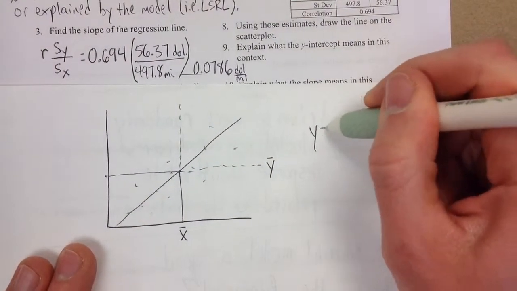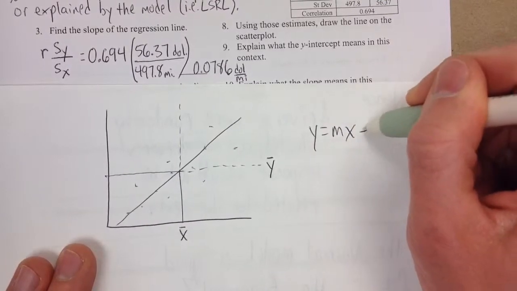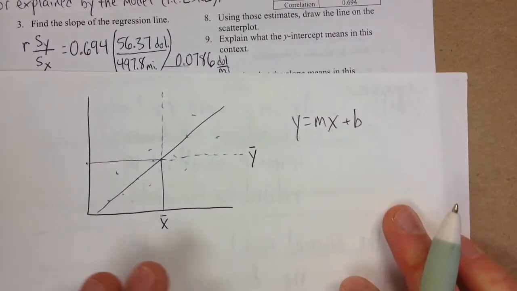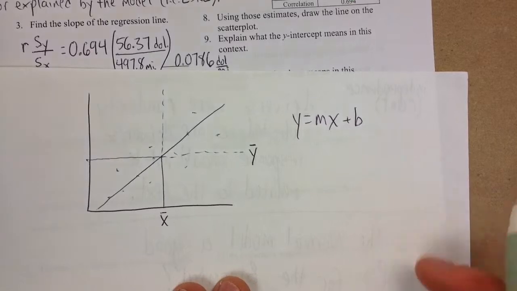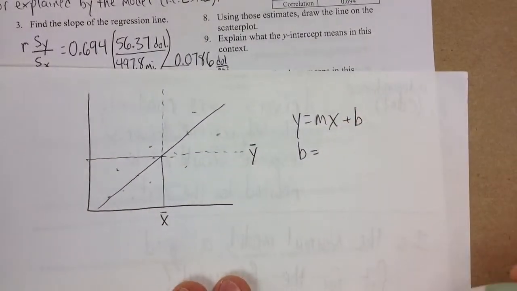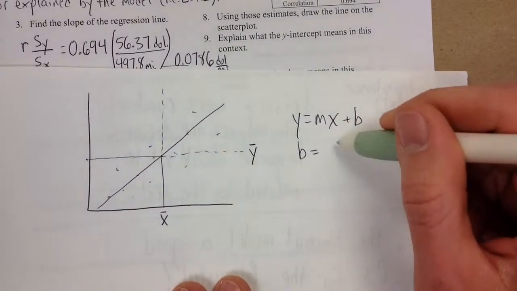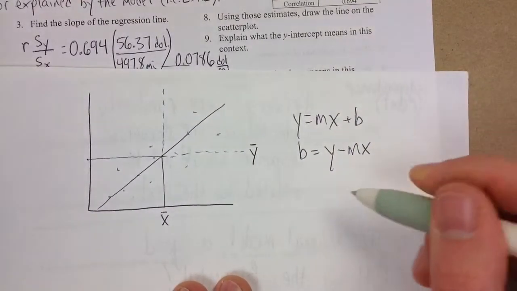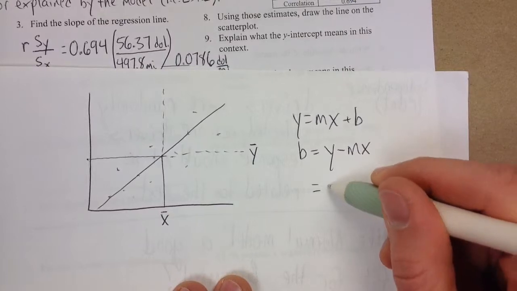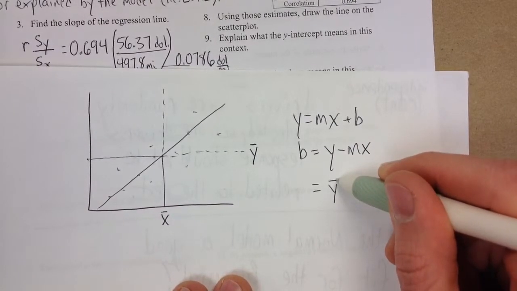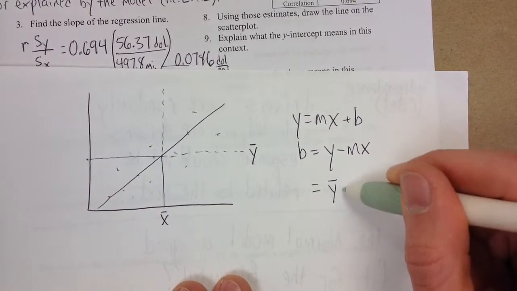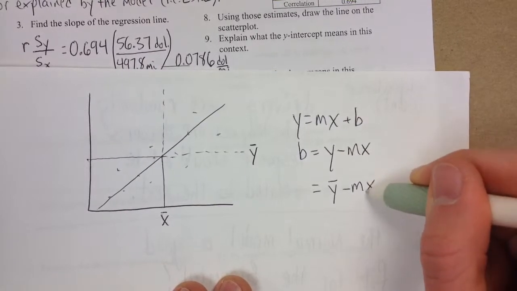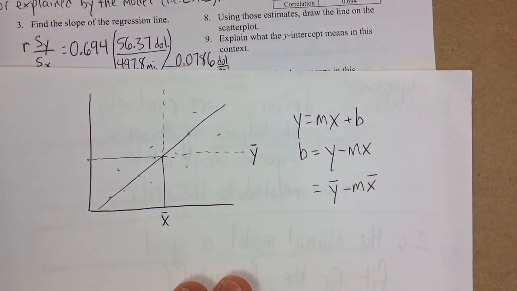So, it's simple algebra. Slope-intercept form, y equals mx plus b. Solve for b. What is it? y minus mx. Good. You know that y bar is a y coordinate on the line, and x bar is an x coordinate on the line.